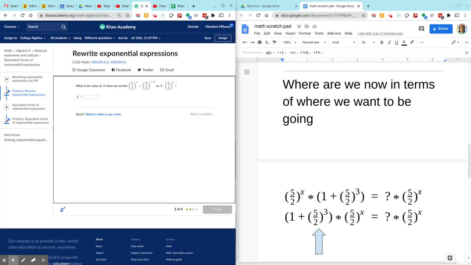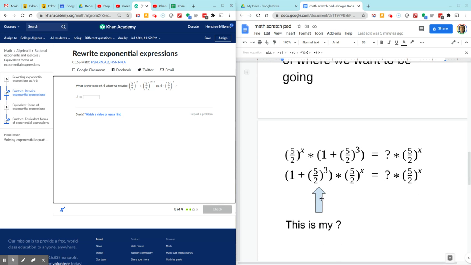Multiplication is commutative, so it doesn't matter whether I multiply 3 times 2 or 2 times 3; it's still the same thing. So I've just reversed the sides these two things are on, and it makes it look more like the place I want to go. Which helps me also realize that this stuff right here, 1 plus 5/2 to the third, is really what my question mark is.